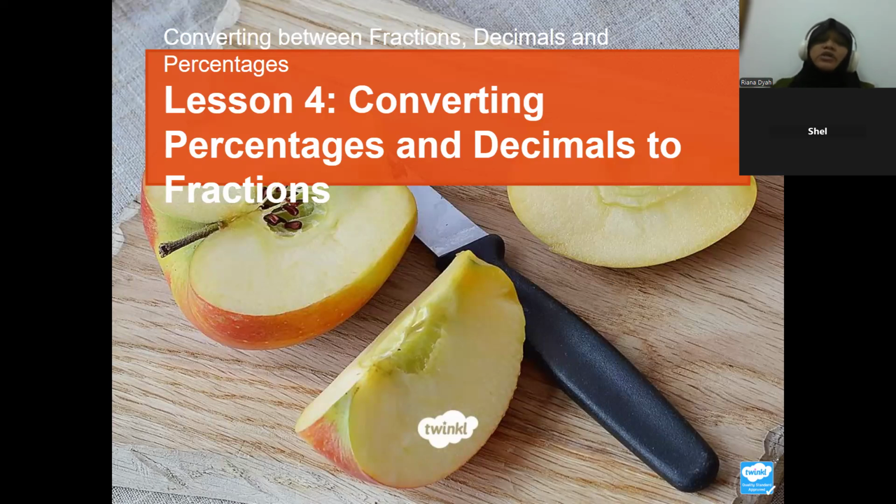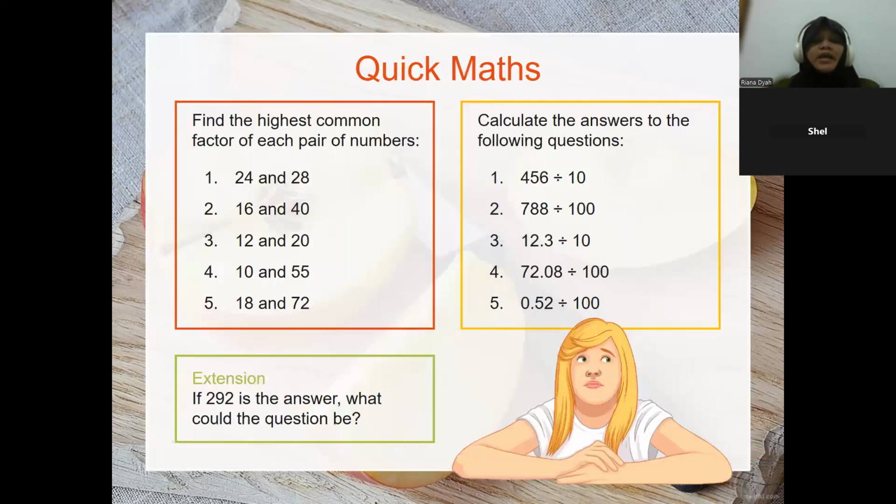So it's from percentage and decimal into fraction. Now, what you have to do, do you still remember our topic about highest common factor?